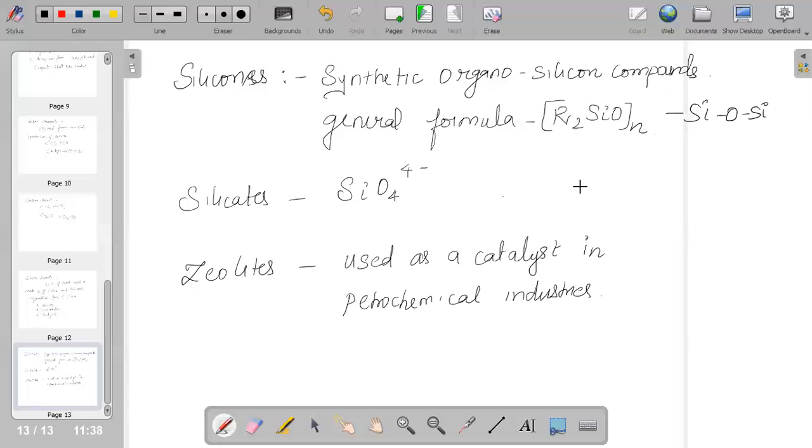They are used in making waterproof papers and in textiles by coating them with a thin film of silicones. They are also used as electrical insulators and as lubricants at both high and low temperatures.